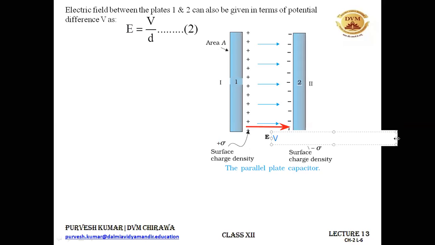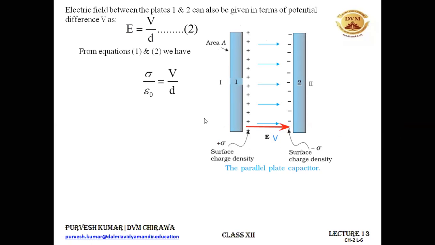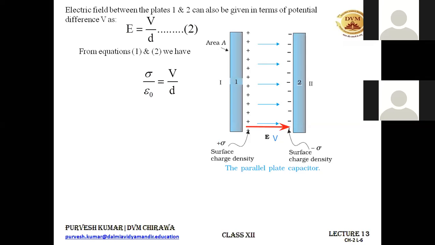This V is the potential difference between these two plates. We can say that this electric field E is acting between these two plates over a distance d, where d is the separation between the plates. All right. So the distance between these two plates is d.